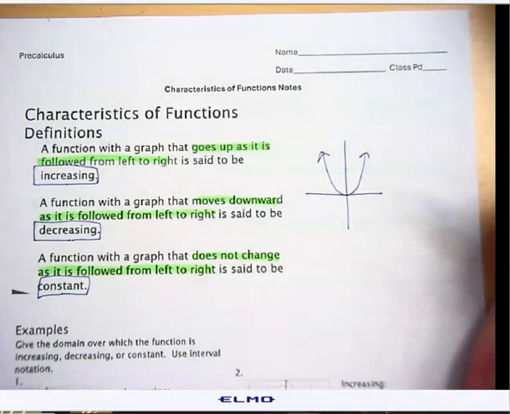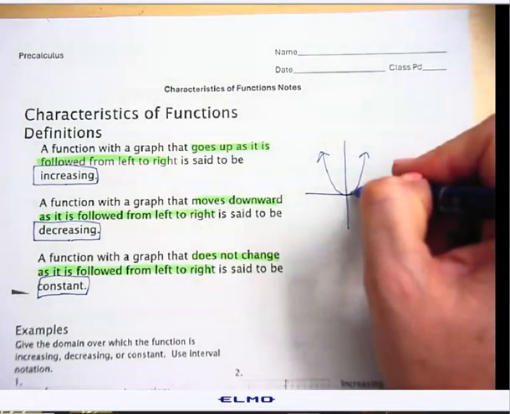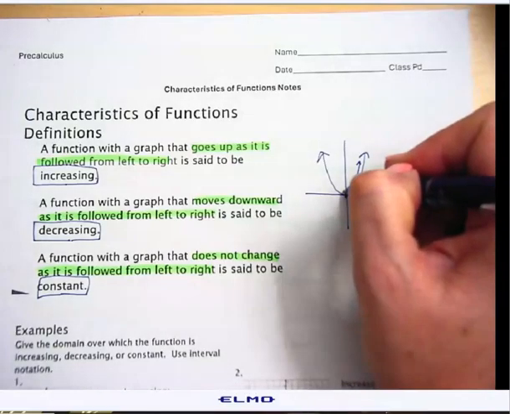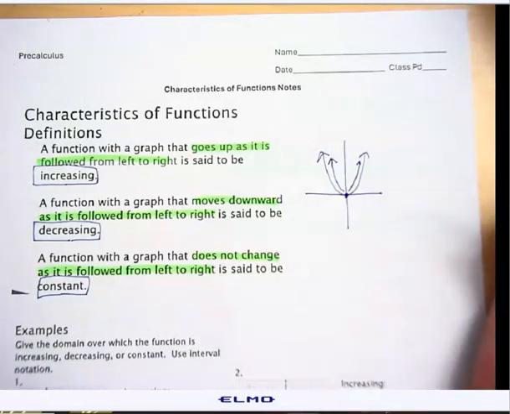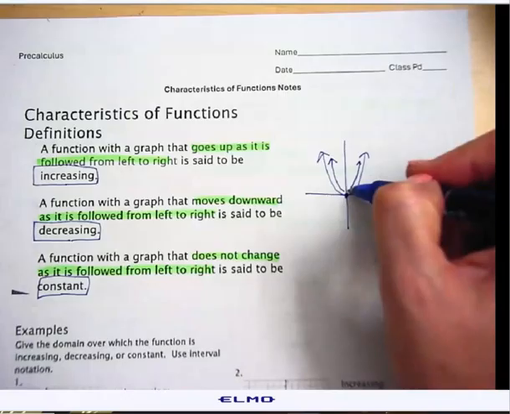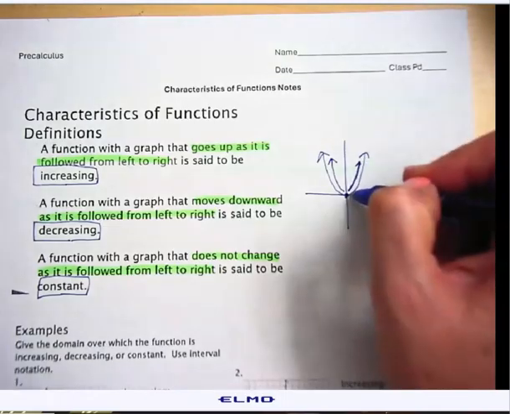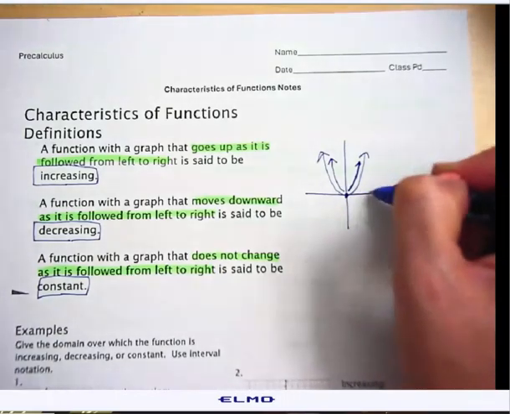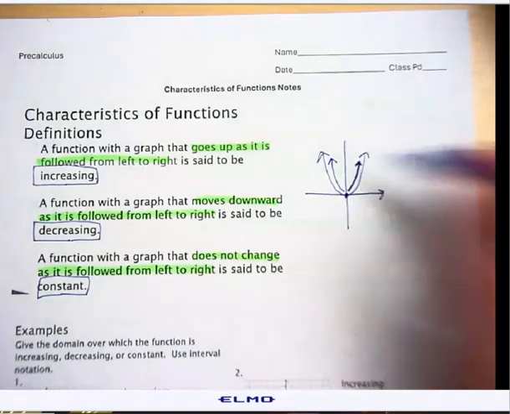You could look at this a certain way and say that from here to here it's increasing, and also from here to here it's increasing. So if I go on this side of the graph, I would be going from left to right, following my domain, my x values from left to right. As that happens, the y's are increasing.